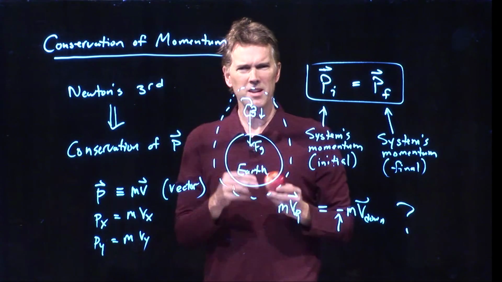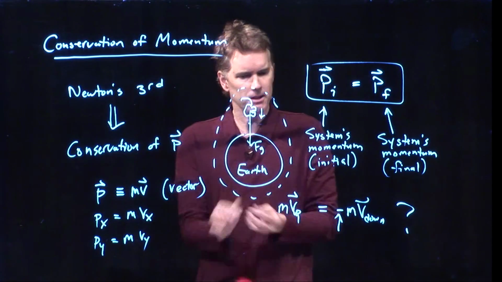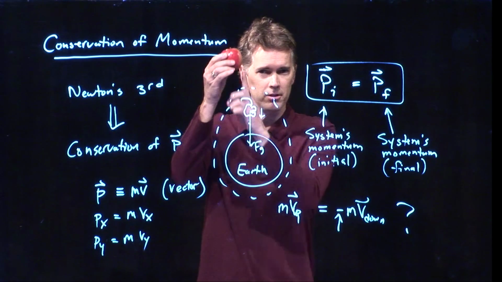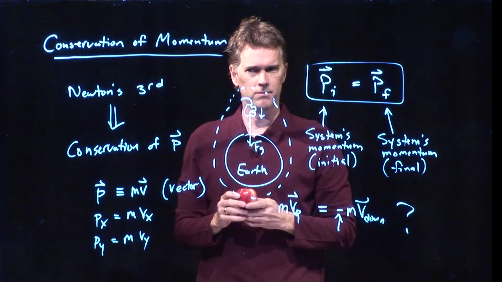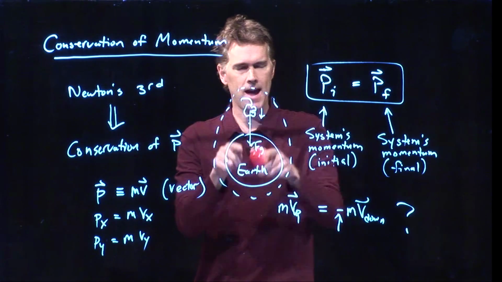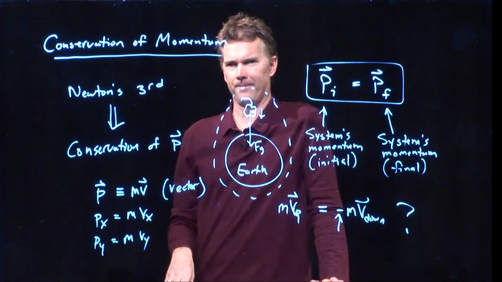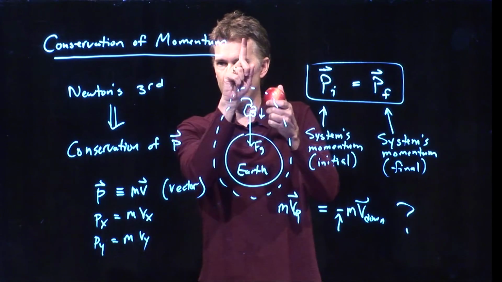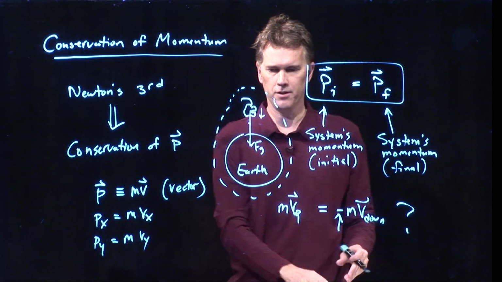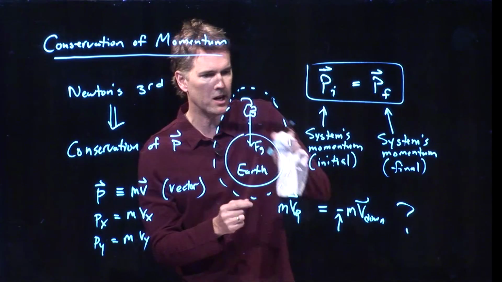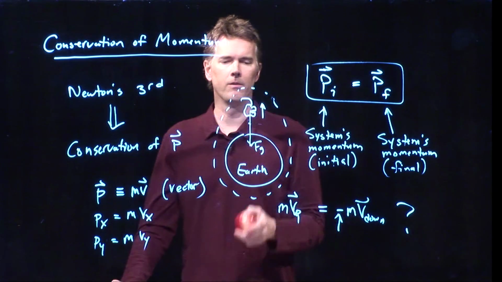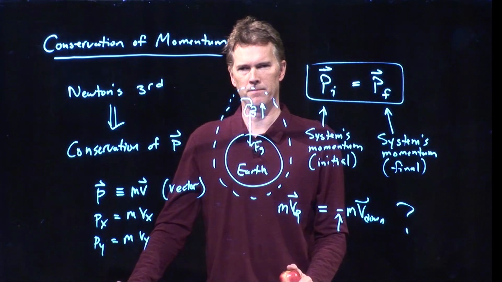But it doesn't make sense, right? The apple's going up. Shouldn't that be some sort of positive momentum? What does that mean is happening to the Earth, Emilio? If the apple's going up, right, if this is our apple and it's heading up right after I throw it, what does the Earth have to be doing?